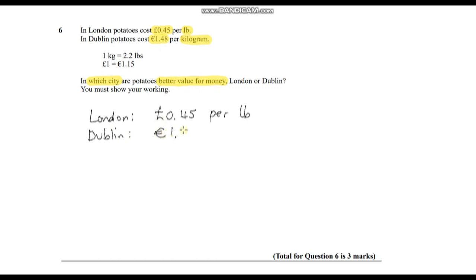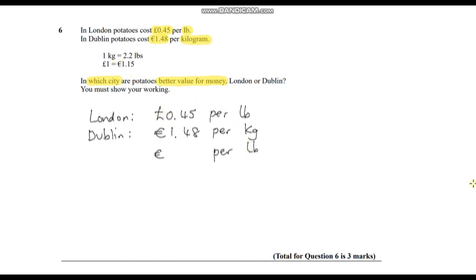It's €1.48 per kilogram, but we want to convert the kilograms into pounds. So we want to work out how many euros it costs per pound to begin with. And then once we've got that, we can convert the euros into English pounds sterling. So I'm trying to differentiate between pounds the weight and pounds the unit of money.